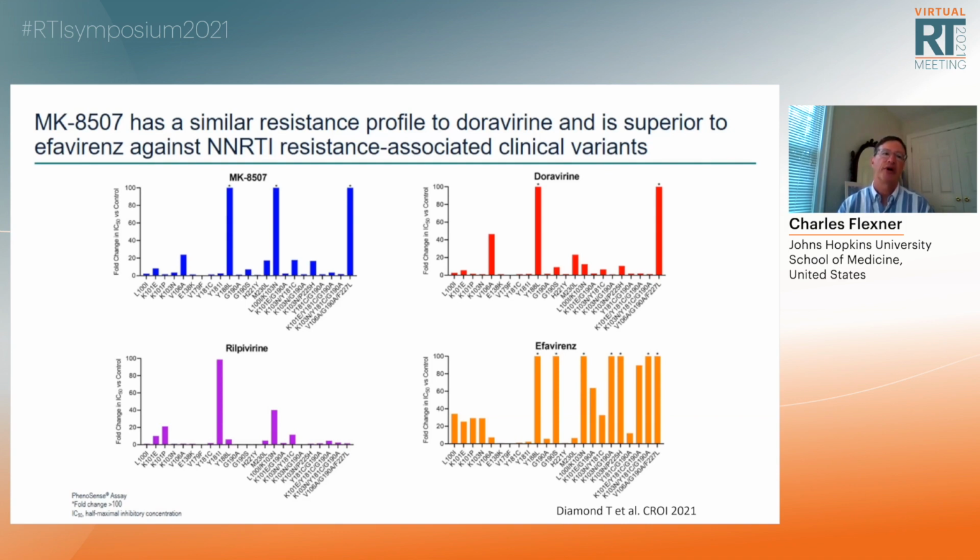And so this figure shows the fold change in IC50 as compared to control for viruses with a variety of NNRTI-associated resistance mutations, showing that MK-8507 and doravirine share similar resistance-associated mutations, specifically the Y188L mutation and combinations of mutations, but does not share resistance-associated mutations to a great extent with rilpivirine or with efavirenz.